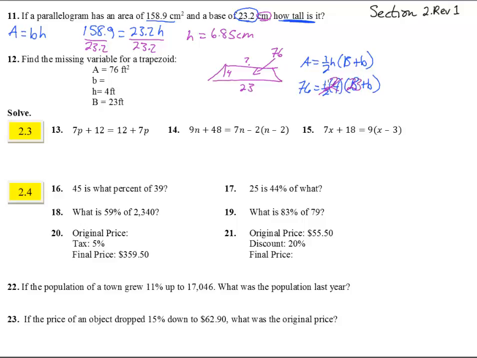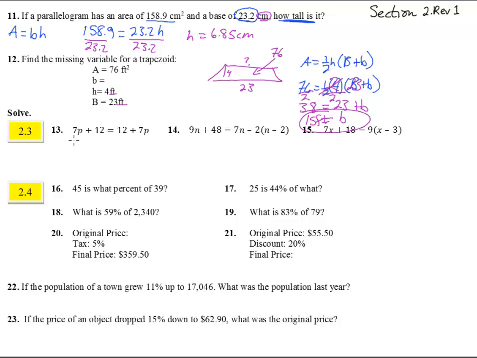That's a 23. So we get 38 equals 23 plus the little base. Subtract 23 and we get little b is 15 feet.